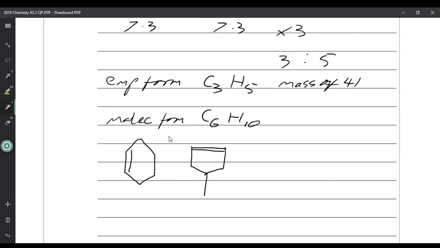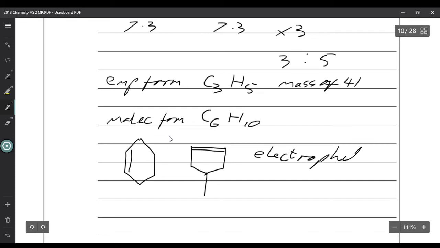There are other things you could have, for example, dienes, molecules with triple bonds, etc. And the final part of the question was to name the type of reaction that takes place when the bromine water reacts with the hydrocarbon. So this will be electrophilic addition.